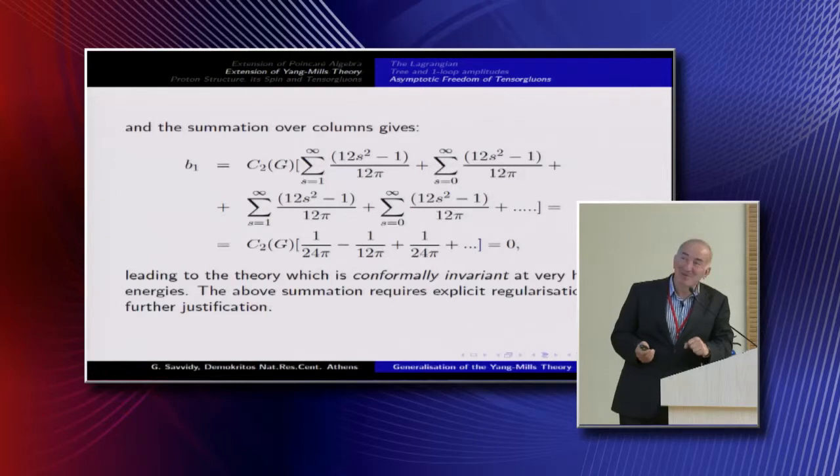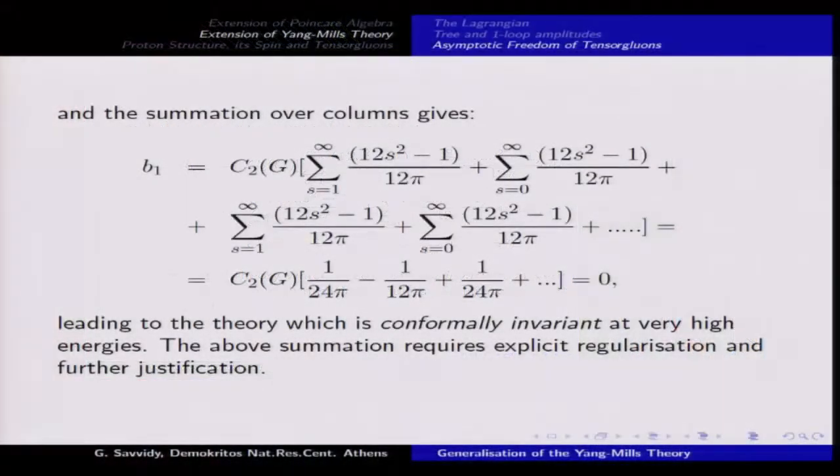So I followed the same procedure. And if you sum, you come out not to infinity, but to 0. So the conclusion is that if this is all true, then if all the tensor gluons are excited, the theory becomes conformally invariant. I don't know if it's good or bad, but that's how it is.